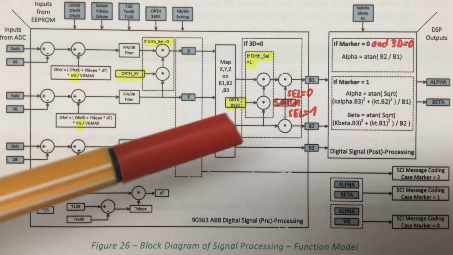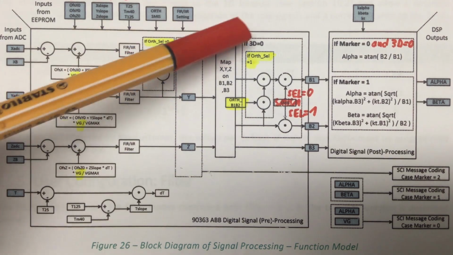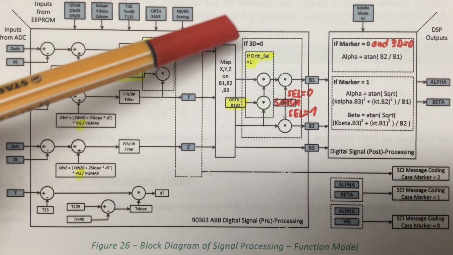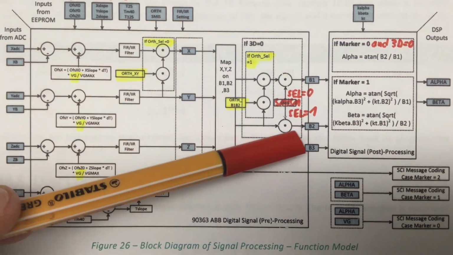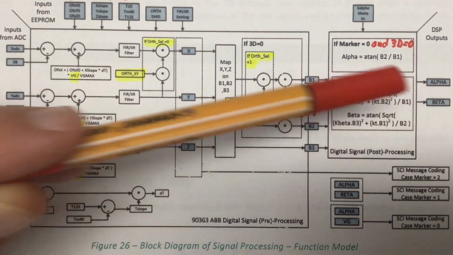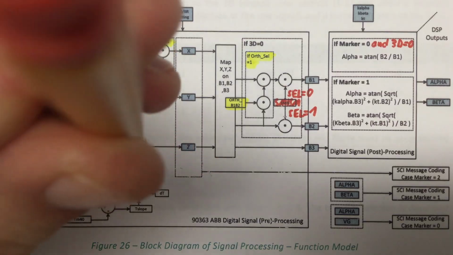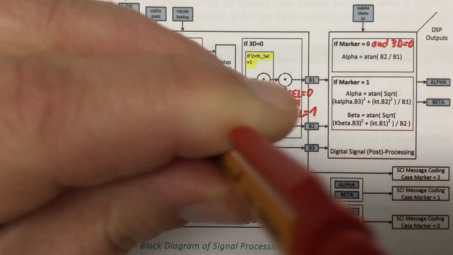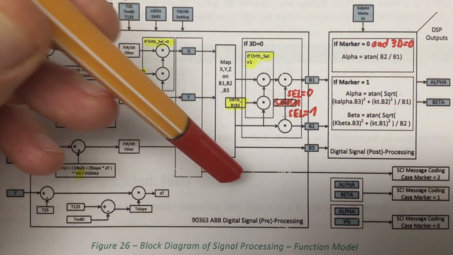Now, let's go 3D. Please note, if we activate 3D, so set 3D to 1, that is true, the whole digital processing here is deactivated. And we're using two formulas here to calculate an alpha and a beta angle to characterize the 3D, sorry for the vertigo, the 3D direction of the magnetic field.